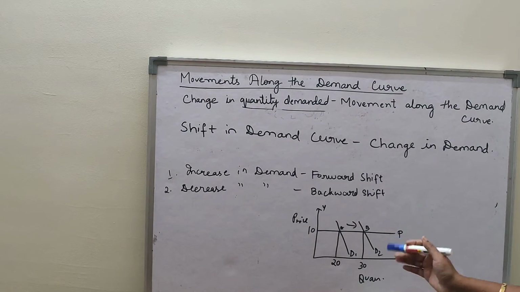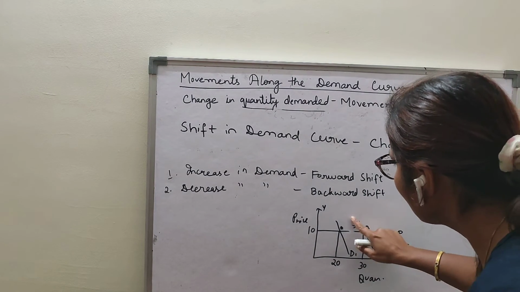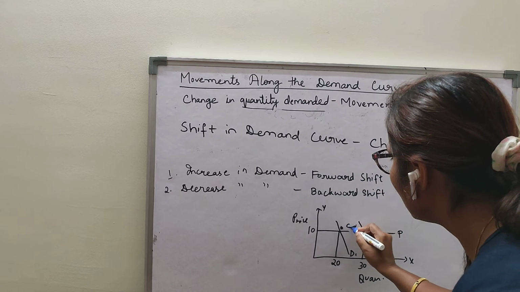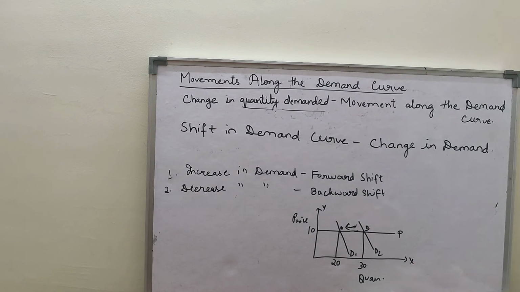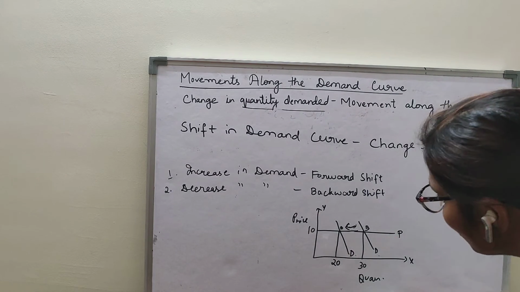So the demand curve shifts backward, indicating that there is a decrease in demand. The demand curve shifts from D1 to D2. This is D1 and this is D2.